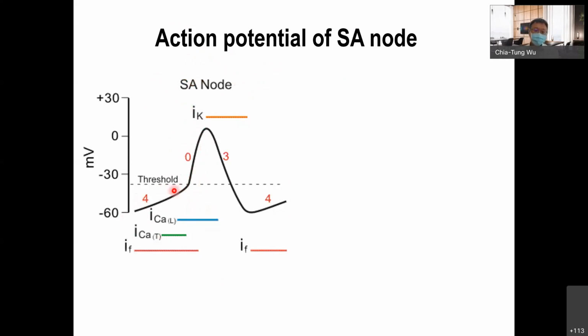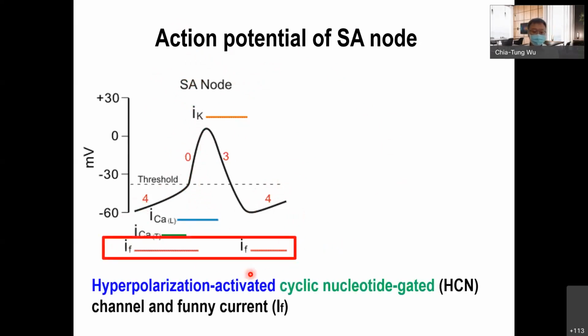Instead, we have a very interesting current on the SA node, which is not on the other myocytes. We call it IF. We call it the funny current because it's funny. And why is it funny? Because it is hyperpolarization-activated. When I showed you the ion channels in the previous session, I told you that usually a voltage-gated channel opens when the membrane potential becomes more positive. But for the funny current, it's totally different. It's opposite.